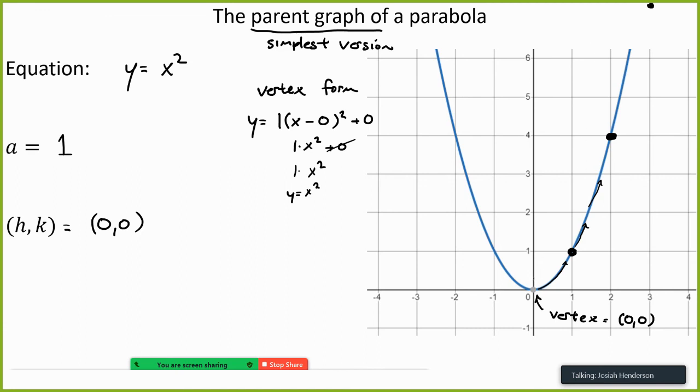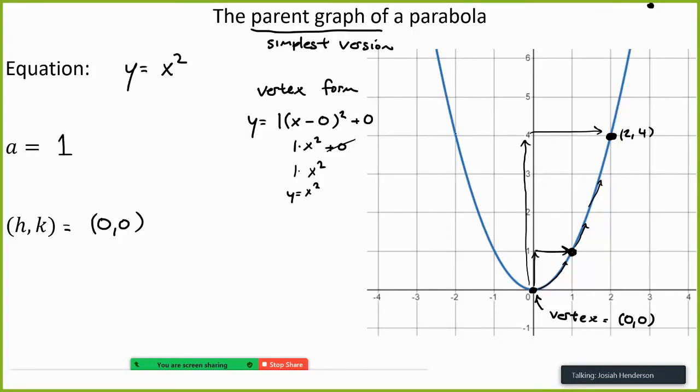And this is what I want you to look for in your graphs: vertex starts in the middle, and then it's up 1 over 1 for that first whole number connection. And to the next whole number connection, the 2, 4 spot in the parent graph, that's up 4 units total over 2, up 4 squares or up 4 units over 2 to get to that other location, right?